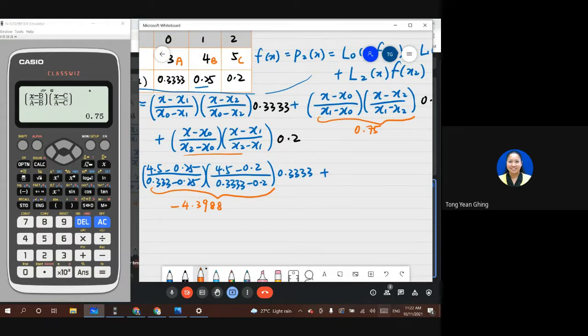Now this one. So now, this is x, this is b, this is a, this is b. Okay. So it has changed. Now x is still the same, only b. B now is x0. So x0 is 3. Correct. And then a now is x2. So a is x2, that means 5.